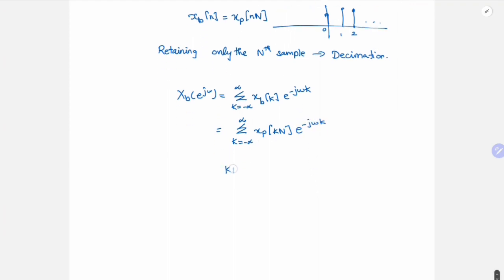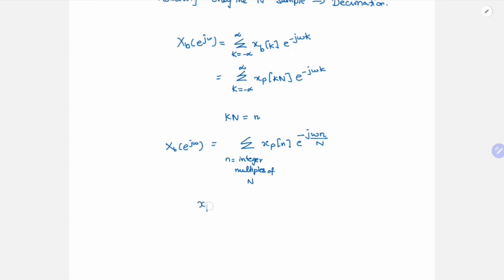And if I replace kn with n, then I'll get xb of e per j omega is equal to summation n equal to integer multiples of n. Right? It will be plus minus 0, plus minus n and so on up to infinity. So here I'll have xp of n e per minus j omega, and k is nothing but n by n. So omega n by n.